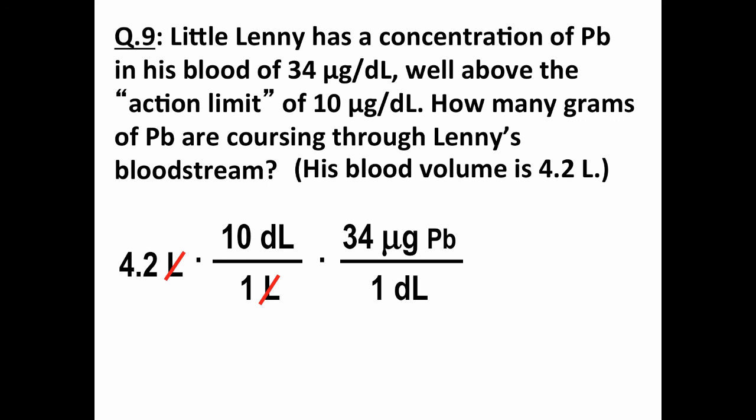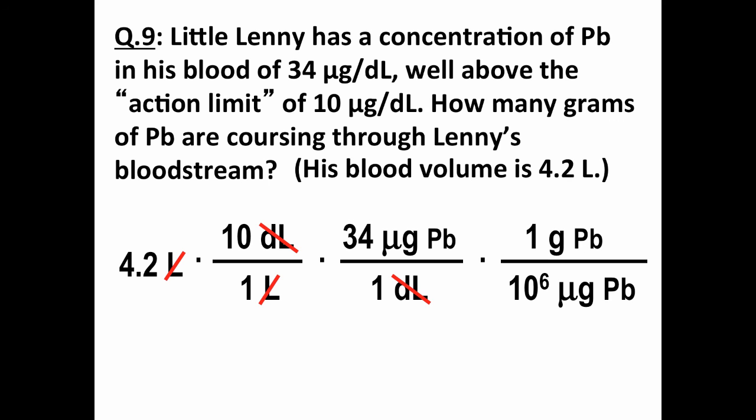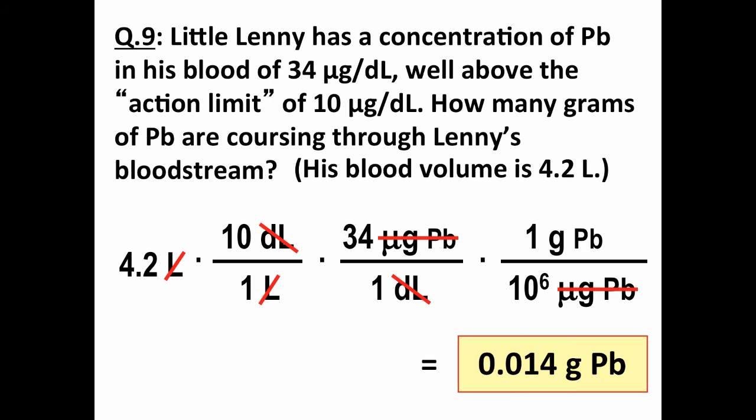So there's 34 micrograms of lead per 1 deciliter of his blood volume, and that cancels deciliters. And since the question asks us to find grams of lead, then we need to know how many micrograms there are in a gram. And it turns out, since a microgram is a millionth of a gram, there are 1,000,000, or 10 to the 6th, micrograms per 1 gram. So 10 to the 6th micrograms of lead per 1 gram of lead. And those units cancel. And then we do the appropriate calculation.